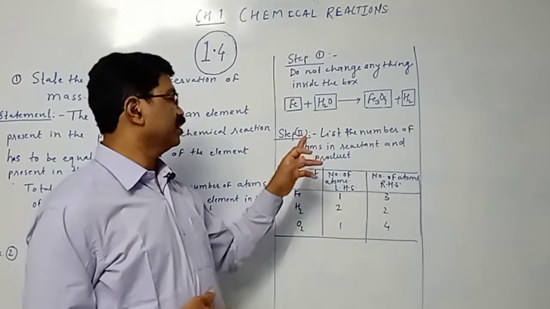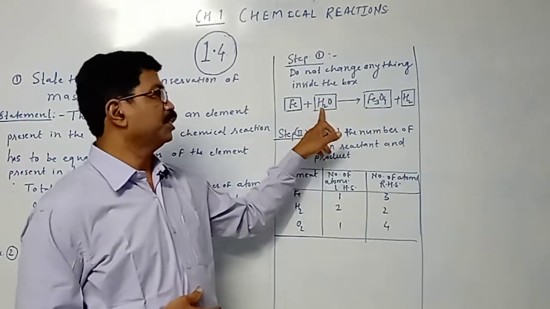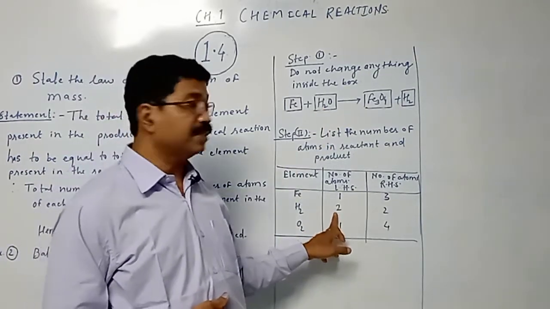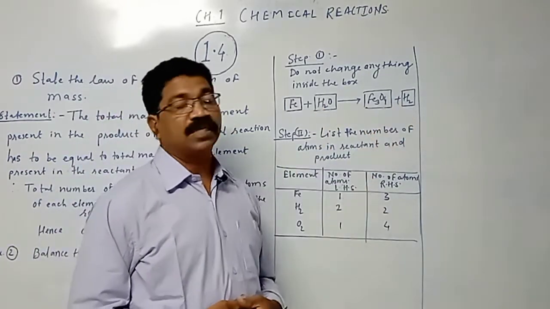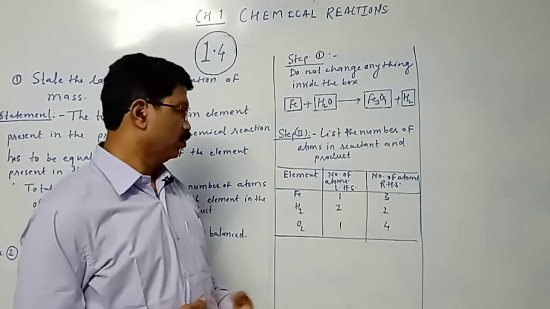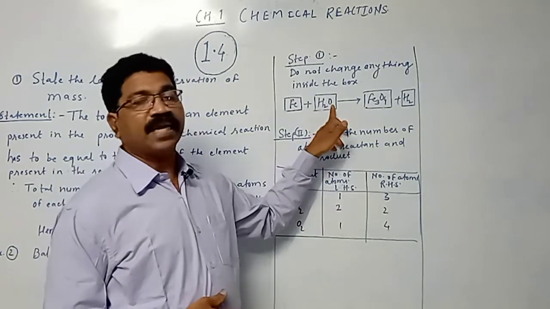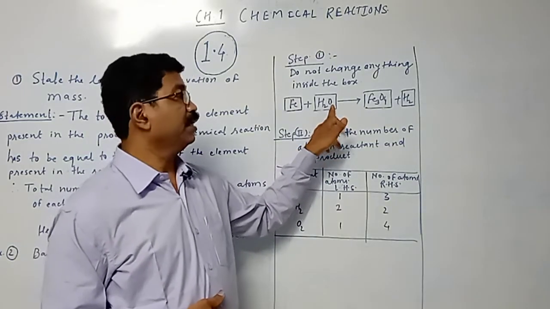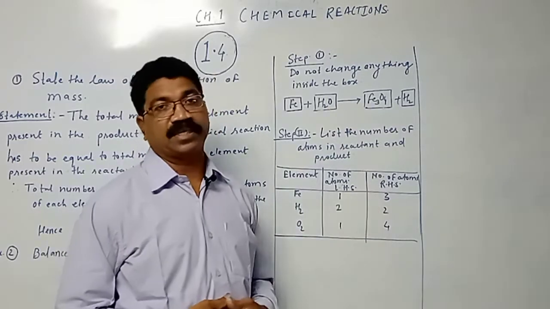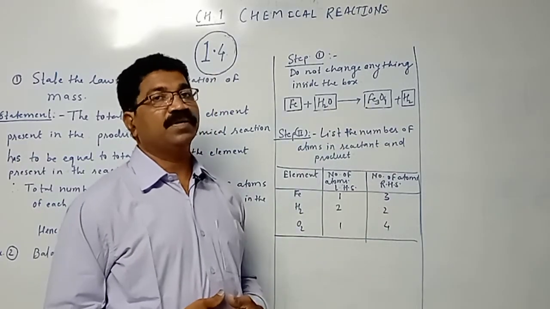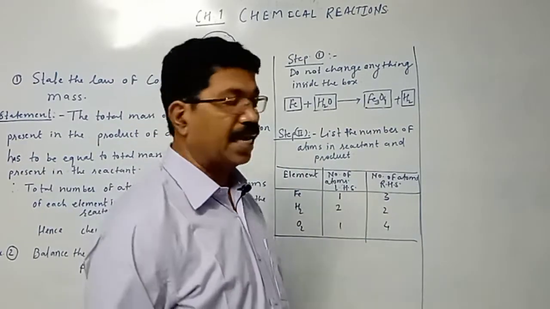Then second, let us take hydrogen. Hydrogen, H2, means two atoms on the reactant side, whereas hydrogen has two atoms on the product side also. Then what about oxygen? Only one atom on the left hand side, whereas there are four atoms on the right hand side. So naturally, this chemical reaction is unbalanced.